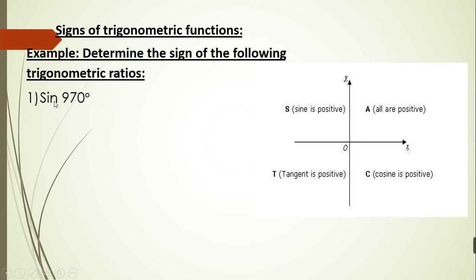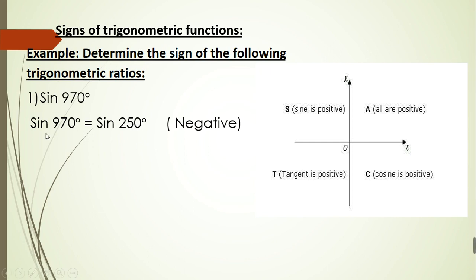First, sine 970. To know in which quad this angle lies, I will find its equivalent angle that's less than 360. So I will subtract 360 to reach an angle between 0 and 360, which is sine 250. 250 is an angle in the third quad, and the sign in the third quad is negative.